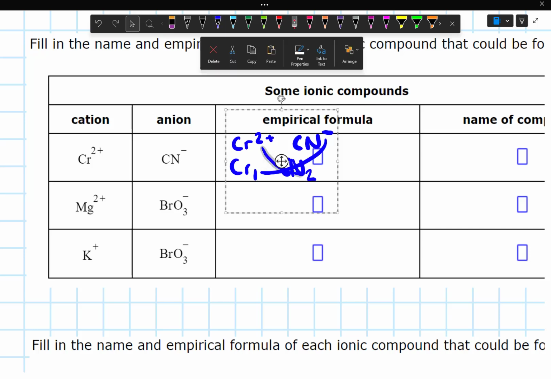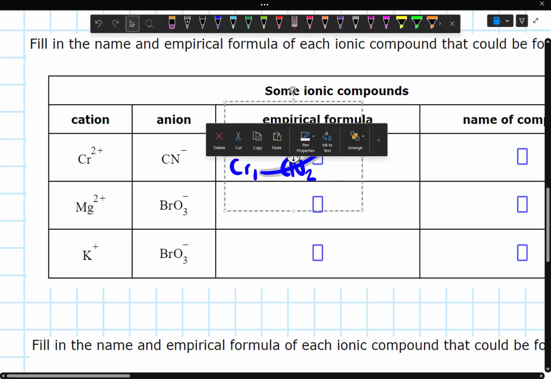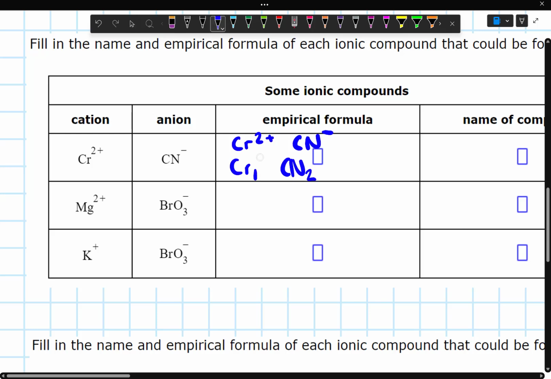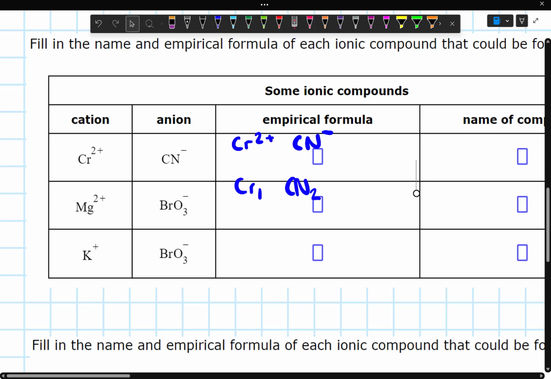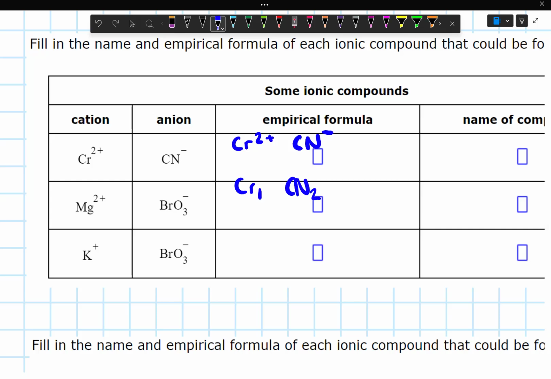Sorry, it's a little messy, but by putting the charges on either side, we find that we're going to have 2 cyanides and 1 chromium.